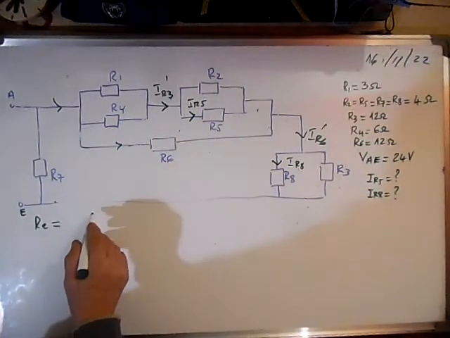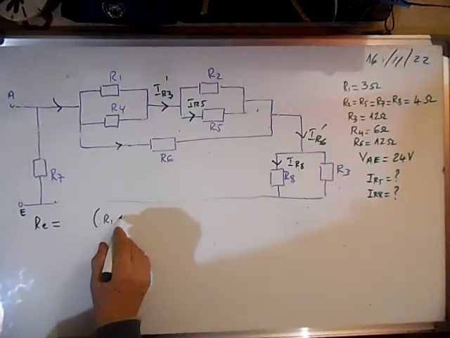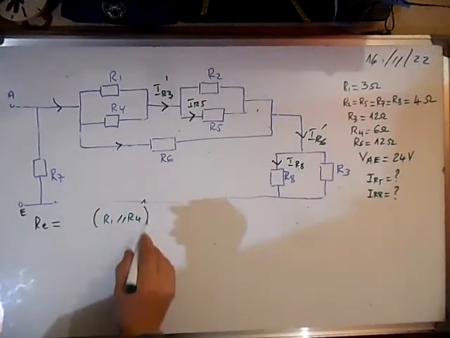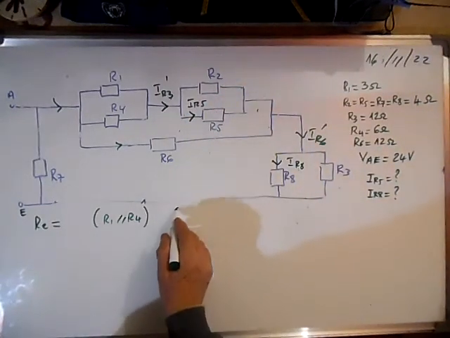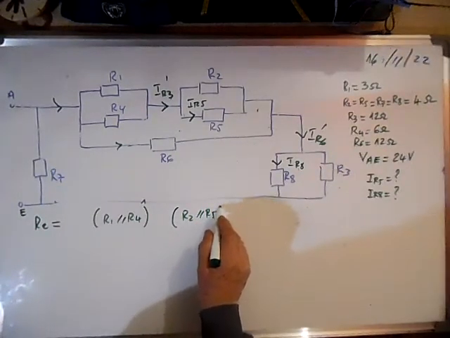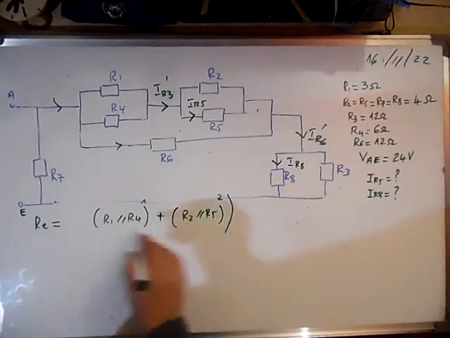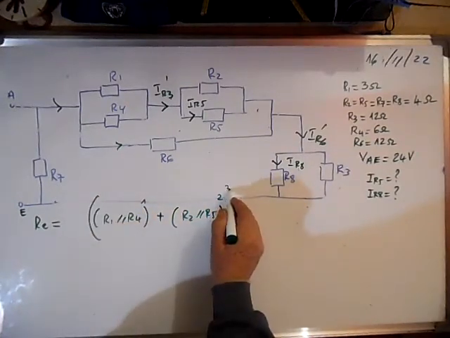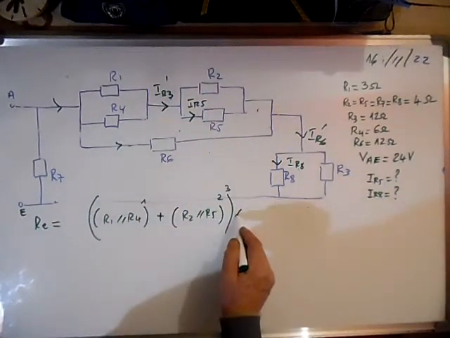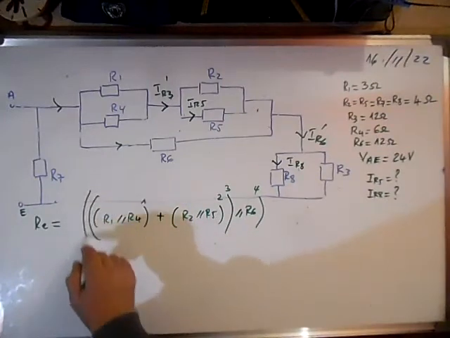First step, R1 and R4 are in parallel. Second step, R2 and R5 are in parallel. Third step, they are in series, and later they are in parallel with R6, which is the fourth step.